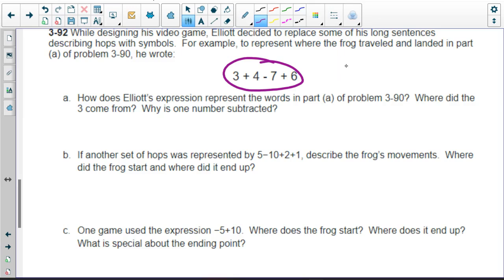So in A, it says, how does Elliot's expression represent words in part A of problem 390? So basically what we're trying to figure out is, what do the positive numbers tell me? And what do the negative numbers tell me? So the positive numbers tell me I'm moving right.